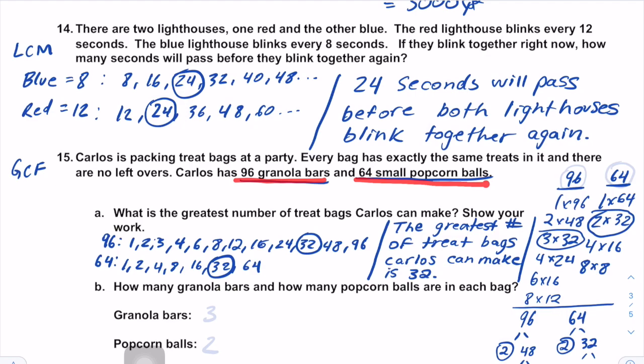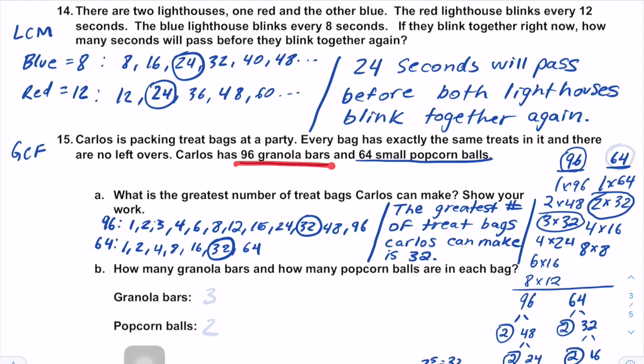So I have to find the factor pair that went along with 96, which was 32 times 3, which tells me 3 granola bars will go in each treat bag. This also means that when we look at the 64, this is the popcorn balls.